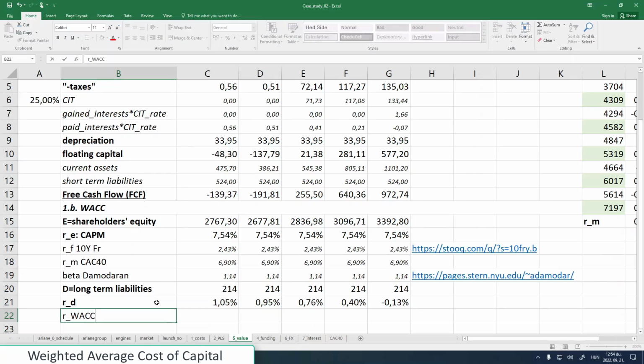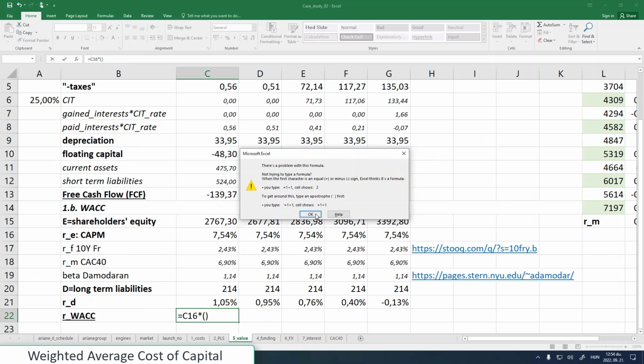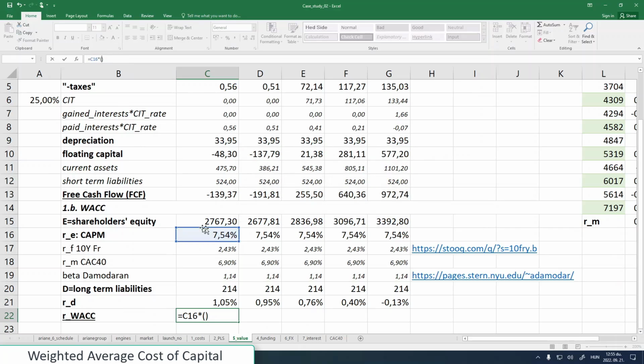And then finally we can calculate the WACC. Because now we have the RE, and then it's the weighted average cost of capital. Yes, I know that you are not MATLAB, but please. So it's a weighted average cost of capital, so that's why it has to be multiplied with shareholders' equity, but divided by the shareholders' equity plus the debt.